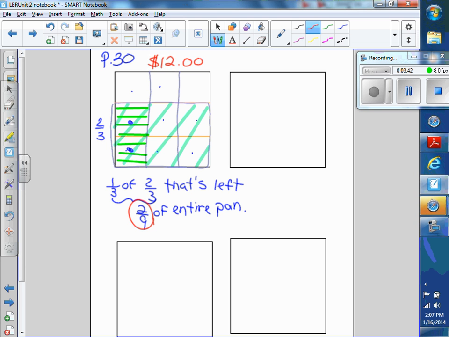Should we maybe figure out what the first person paid? Is that a hard problem? The first person paid $4 for this section right here, right? So each section is $4, right? We need to figure out.